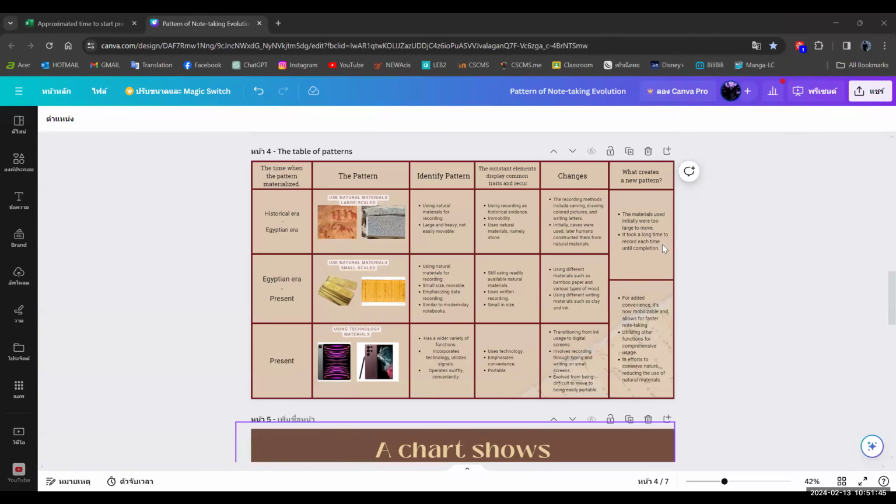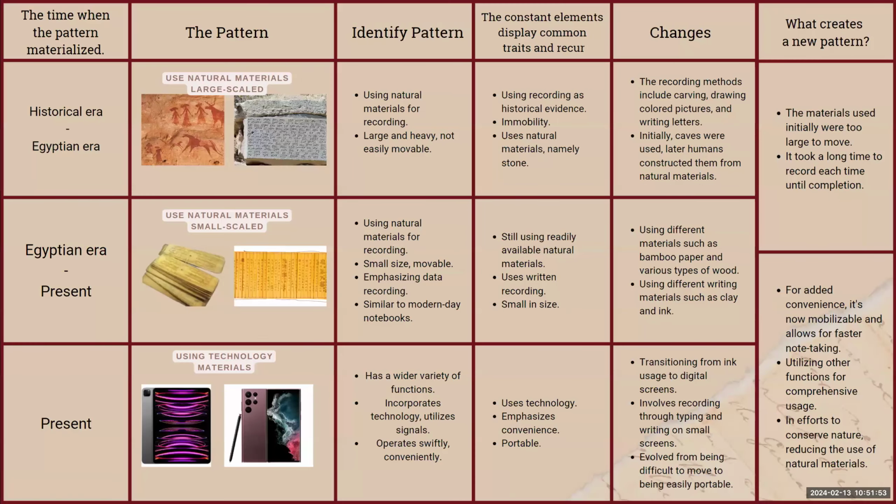Next is Jirapat. Hello, can you see my screen? Yes. Okay. I made the evolution of note taking. I have divided it into 3 parts. The first part is about the use of natural material on a large scale, the next part is small scale using natural material, and the last one is about using technology materials.